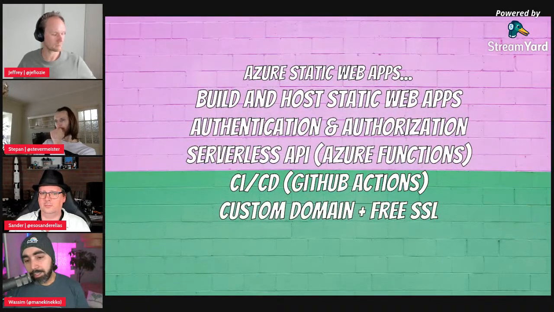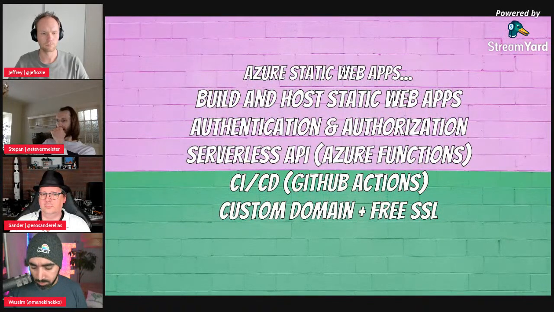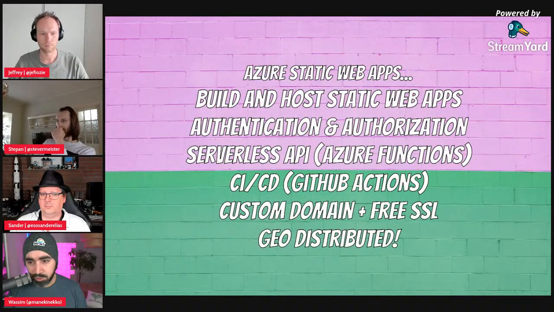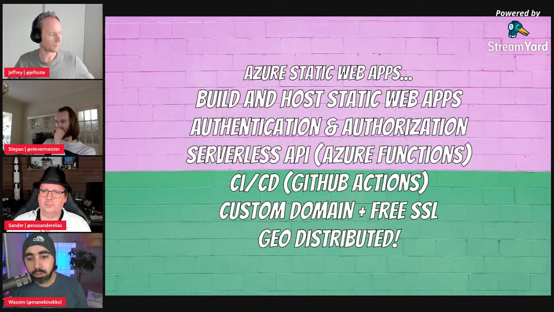You also get some nice features like the possibility to add your custom domain and get free SSL, because HTTPS is important. Your content is also geo-distributed, which is really important for having those sites load fast.